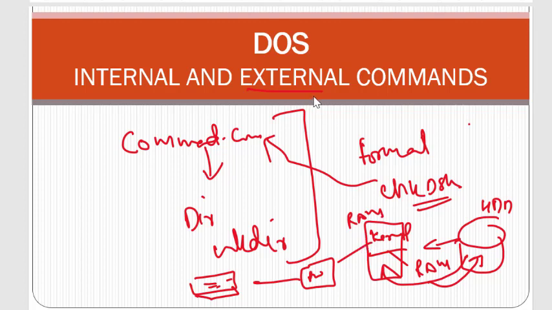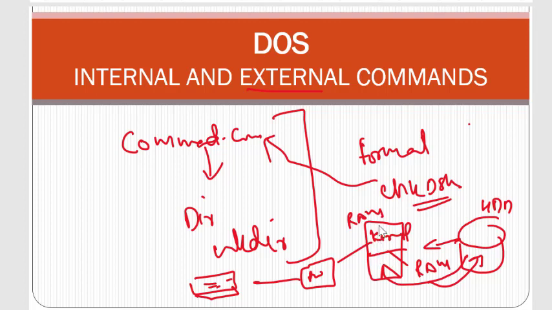External commands are also part of the DOS, just like internal commands. The only difference is they will not come automatically into the RAM when you boot the system. Rather, you have to explicitly fetch them from the hard drive into the RAM, and then they can get executed.